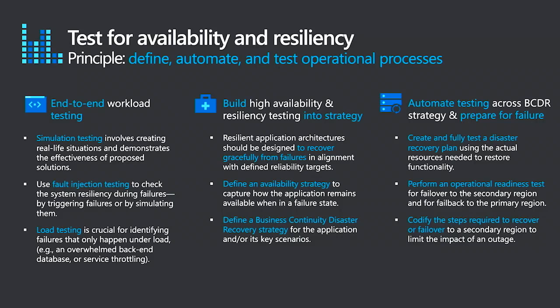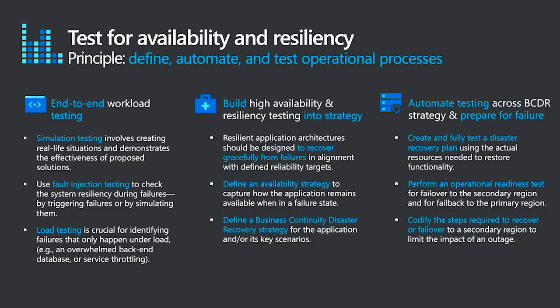And you absolutely want to have a business continuity disaster recovery strategy. And you want to automate your testing across your business continuity and disaster recovery strategy and prepare for failure. You should have a complete plan to test a disaster recovery plan. There's no point in having a recovery plan that you have not exercised and yet you don't exercise regularly to show that it works.